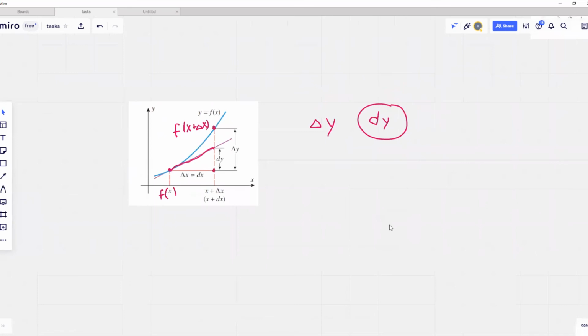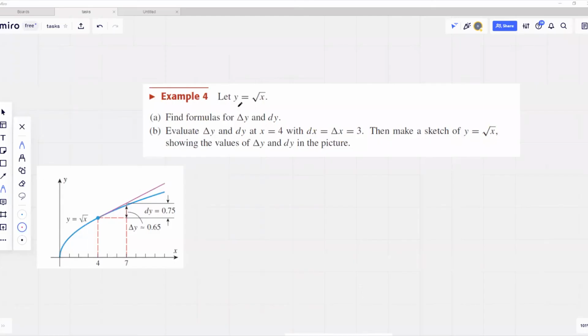All right, now let's solve the following problem. y is equal to root of x. Let's find formulas for delta y and dy. Delta y represents the change in y coordinate when we travel along our curve root of x. So this is f at x plus delta x minus f at x.